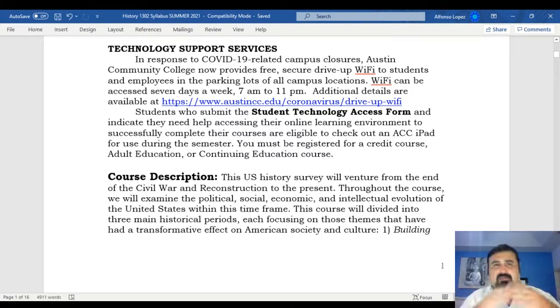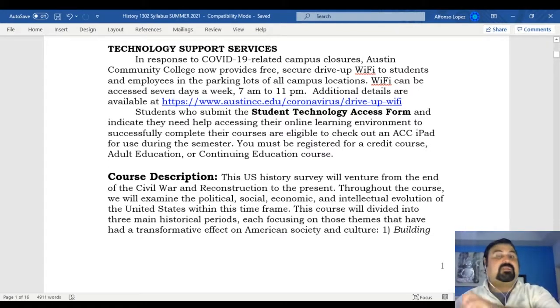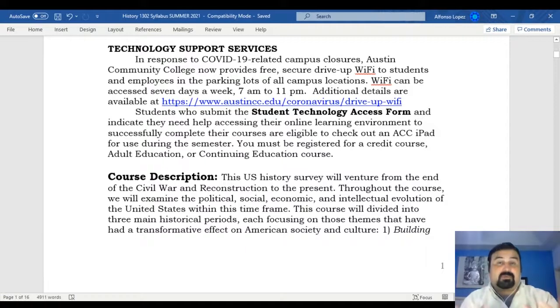You'll be able to solve most of those problems, troubleshooting, etc., by contacting the departments within ACC that are able to help you with those questions.